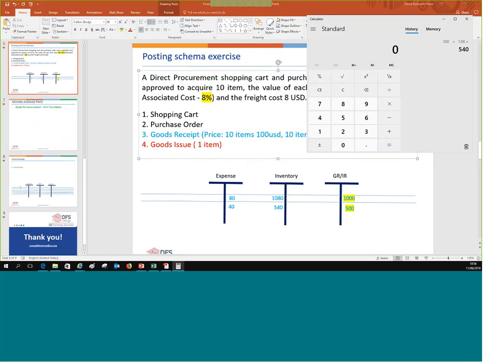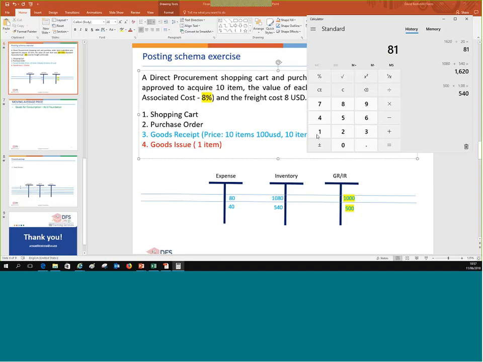We have an inventory value of 1080 plus 540. This is the total value of the inventory for this stock. And we have 20 items. So the average price would be 81.